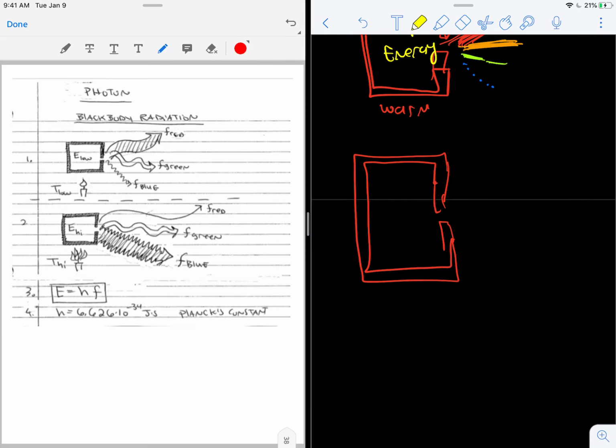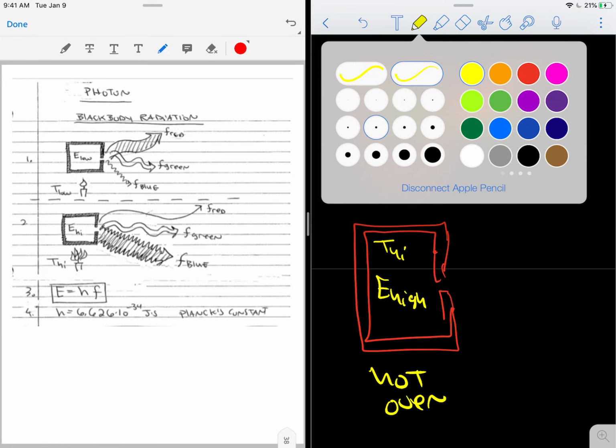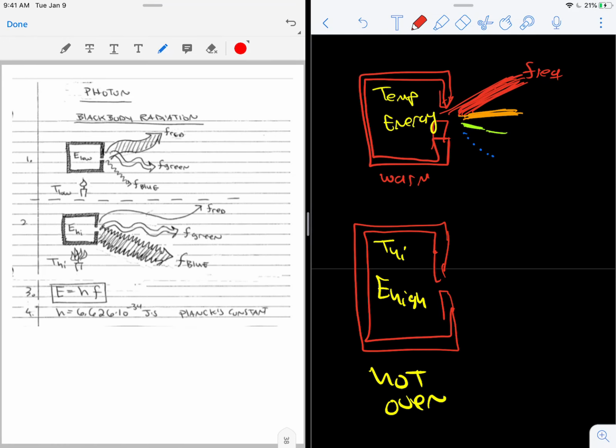And in the other case, if you have a hot oven, the temperature is going to be high, so the energy inside the oven is going to be high. And what you find is that in this case, the hotter it gets, the bluer it's going to get. If you analyze the light, you'll find that there's not that much red light coming out of it, and there's going to be successively more of the other colors.